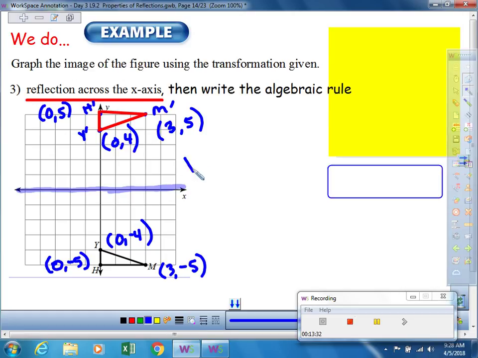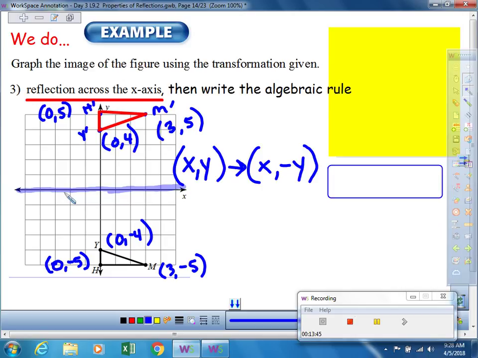So, our algebraic rule: when you go over the x-axis, the x is going to stay the same. The y is the opposite, so it's -y. So the key to writing the algebraic rule is whatever axis you're going over, that variable just stays.